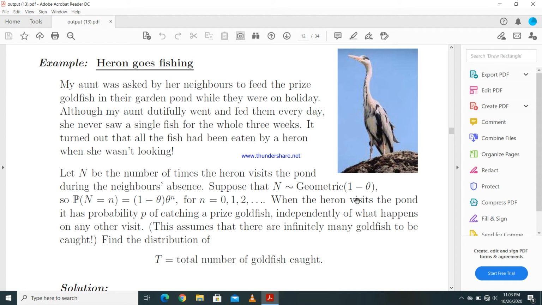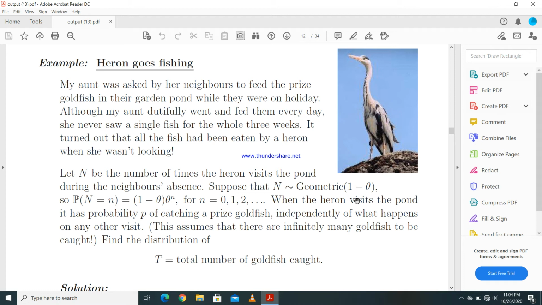So when the heron couldn't find at least one fish, the heron stops. The heron is not going to visit the pond again, right? So this is happening until the heron meets a success.